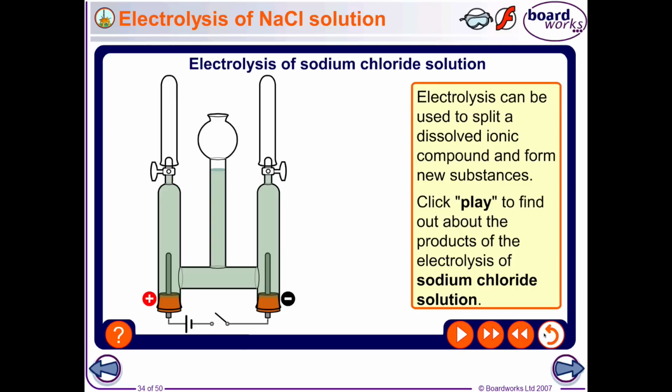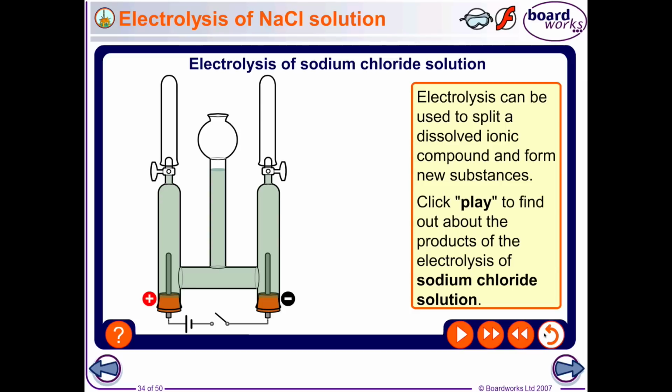Right, so here we've got the electrolysis of sodium chloride solution. Now, sodium chloride is more commonly known as brine solution, and this produces some very useful products, useful for many different reasons, which we'll discuss in a little while.